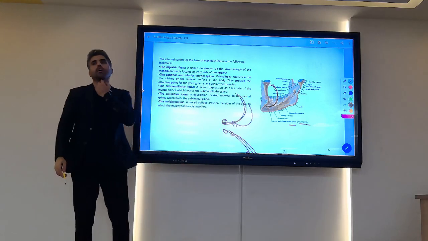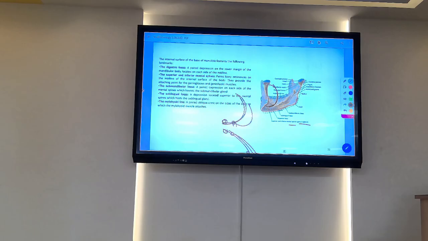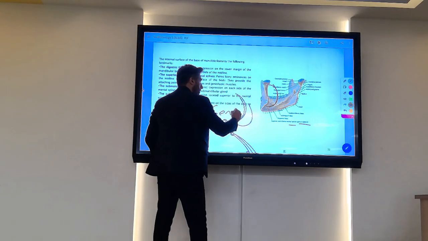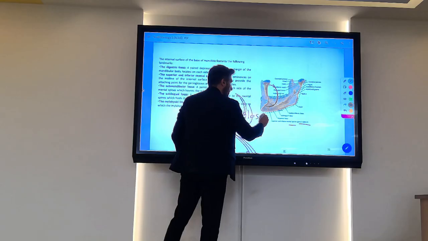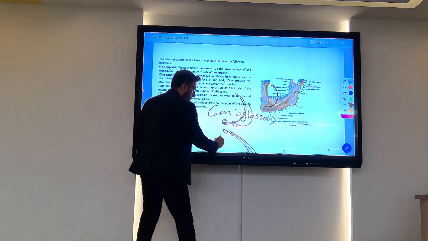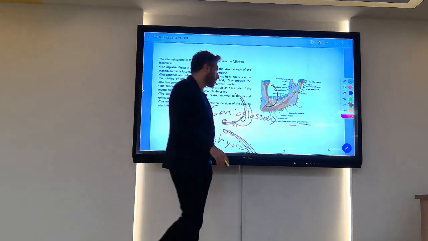It starts from here and attaches to the hyoid. So these spines, these tubercles, are origins of the muscles. The superior for genioglossus and inferior for geniohyoid muscles.